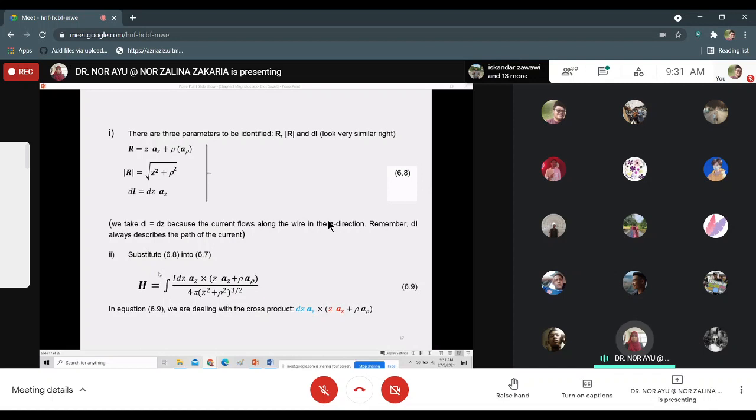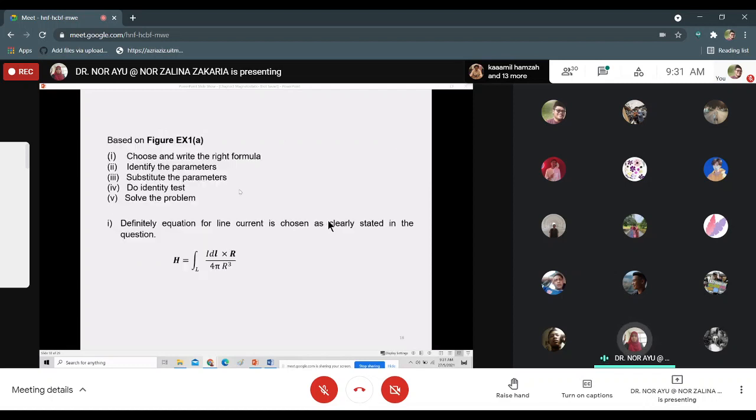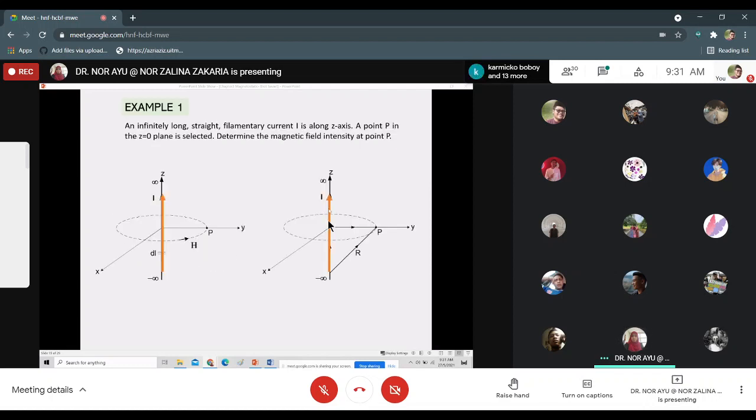So we have I dl just now. So your dl is dz az. Okay. So dl dia adalah dz az. Kalau kita tengok the direction is on z axis kan? Okay. So that's why dl dia adalah dz az. Alright.